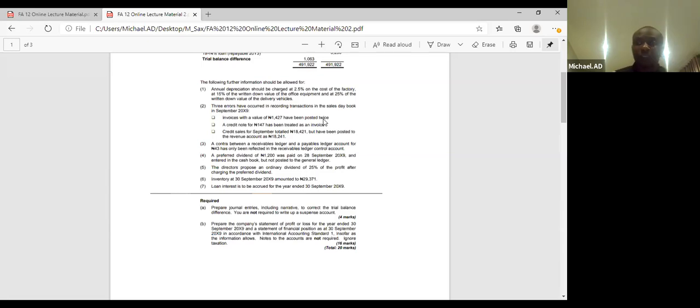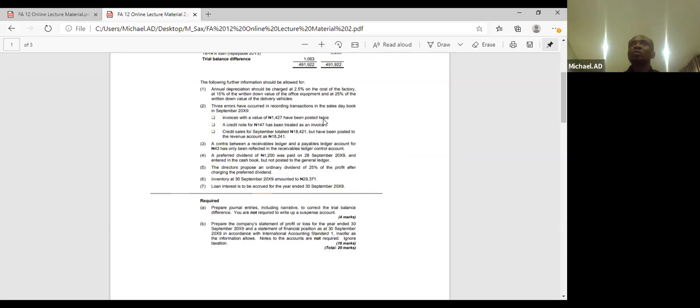Once you debit your purchases, you credit your payables with the invoice that you received. But this was done twice. So you debit purchases of 1,427 naira and credit accounts payables of 1,427 naira, and you did it twice.